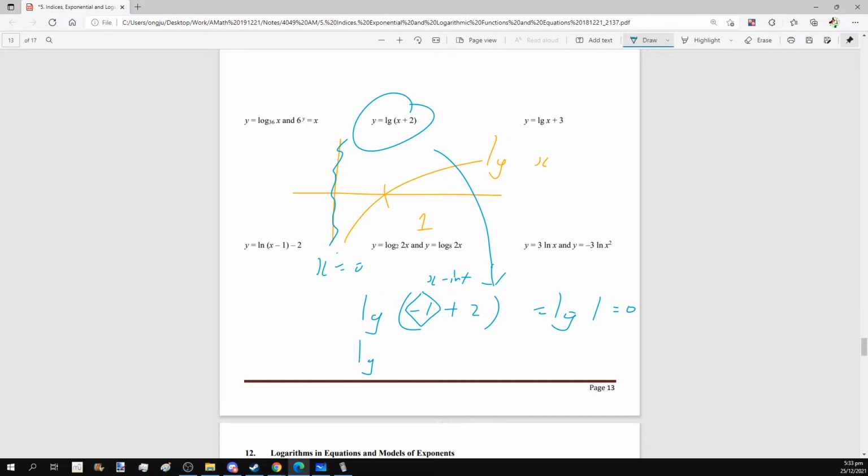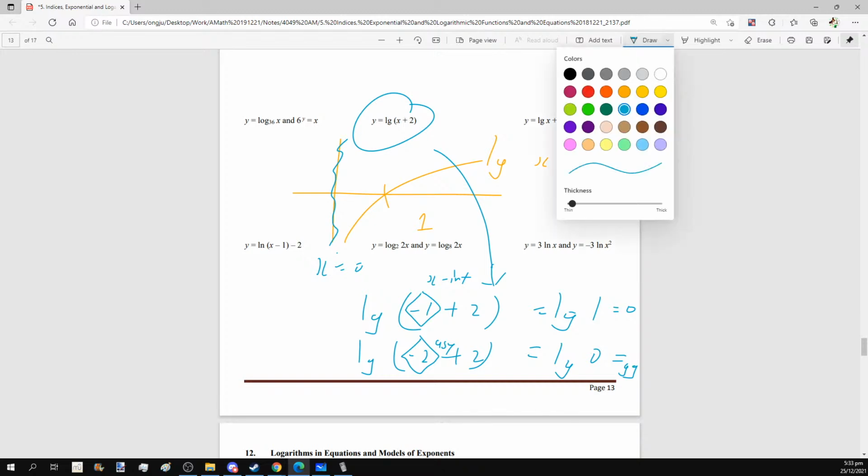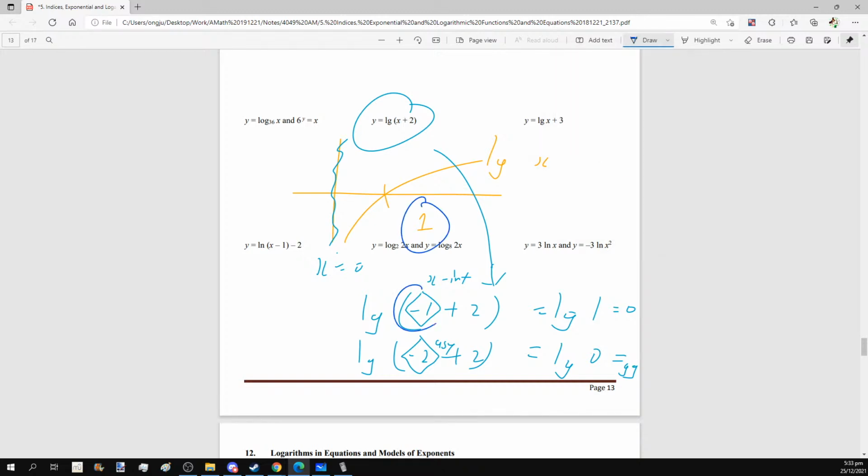And of course, if I have lg(-2 plus 2), then I'll have lg 0, which is death. So -2 here will be the asymptote. In other words, you notice that everybody has moved backwards by 2 steps. The 1 has moved into -1, the 0 has moved into -2. Everybody has moved back by 2 steps.